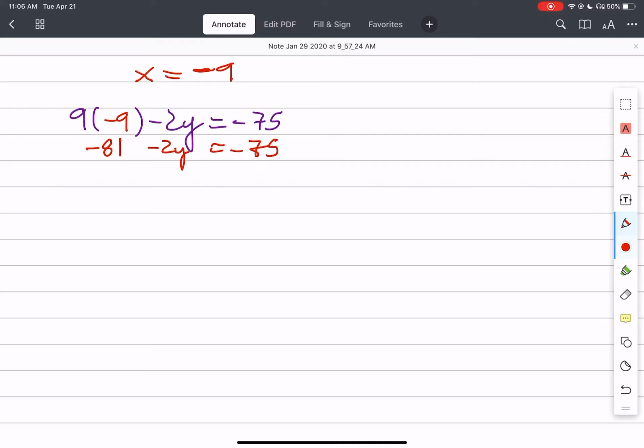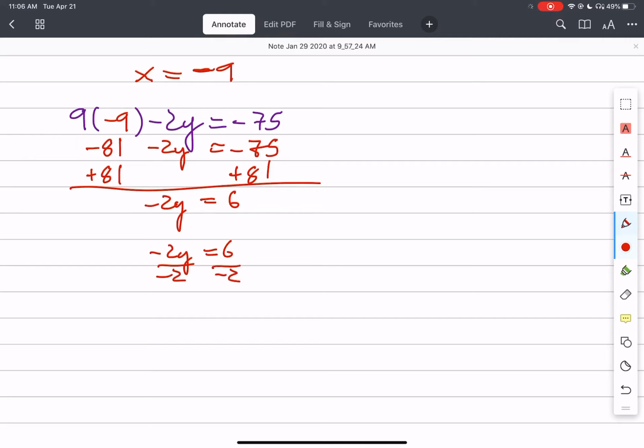And then I can subtract negative 81, or in other words, add 81 to both sides. Then I have minus 2y equals 81 minus 75, 6. So if minus 2y equals 6, divide both sides by the negative 2, y equals negative 3.